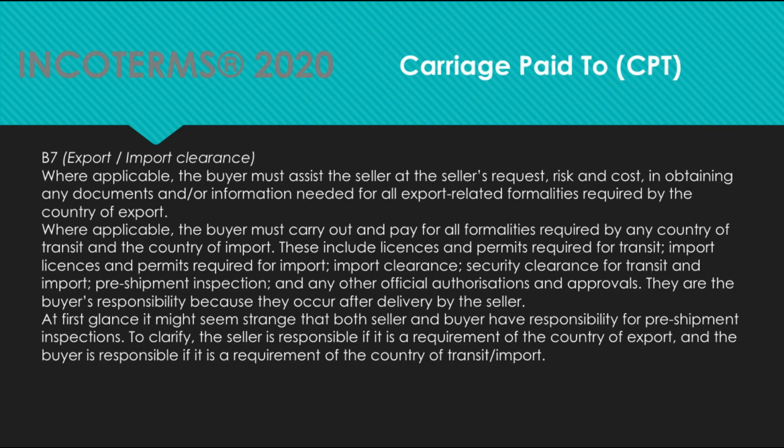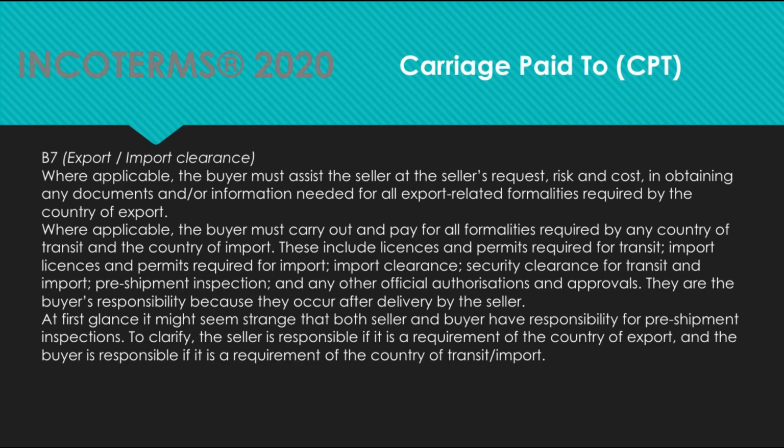These include licenses and permits required for transit, import licenses and permits required for import, import clearance, security clearance for transit and import, pre-shipment inspection, and any other official authorizations and approvals. They are the buyer's responsibility because they occur after delivery by the seller.